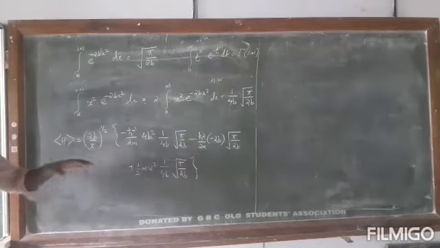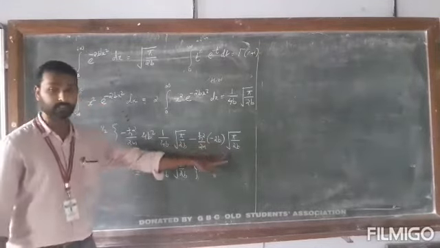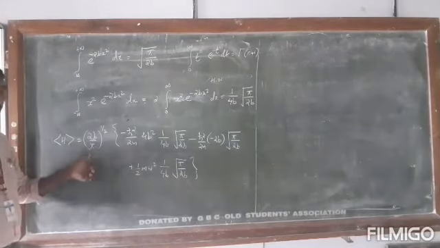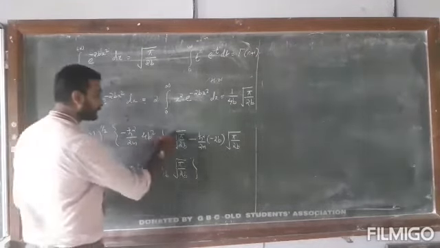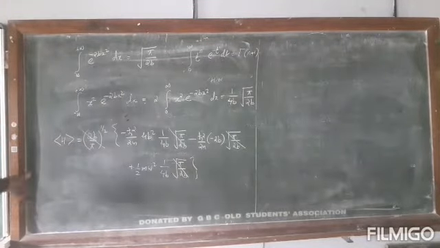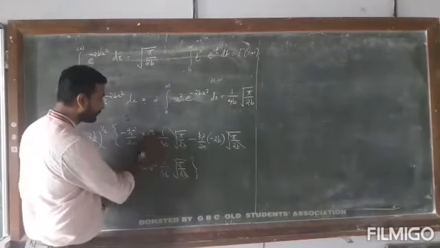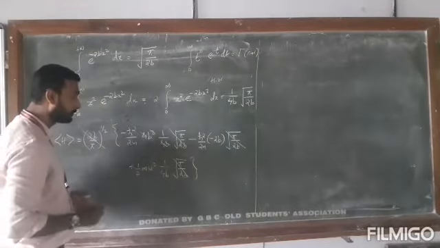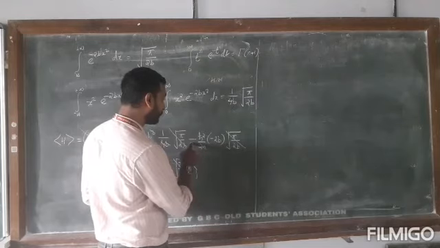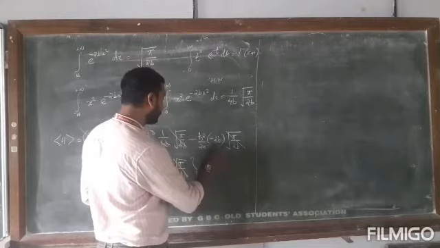If you look at this expression, this root(π/2b) is commonly present in all three terms, and outside there is (2b/π) raised to 1/2, and that would cancel. Certain other terms also cancel, for example this 4 would cancel, and b² and b will cancel here. Minus into minus becomes plus, and 2b would remain.